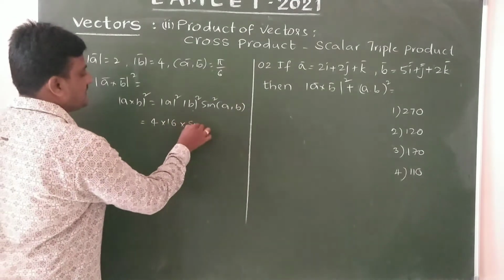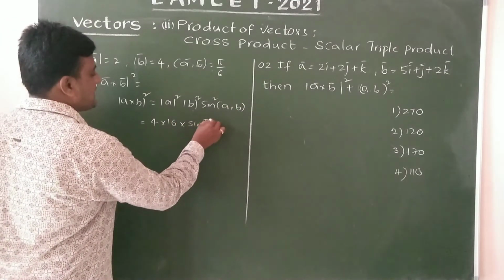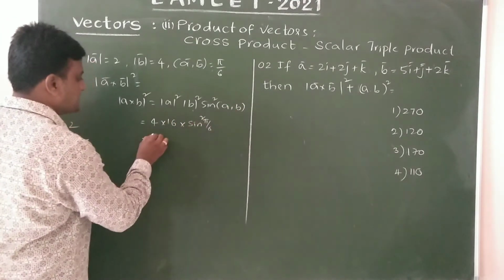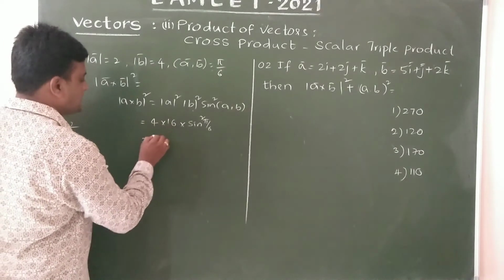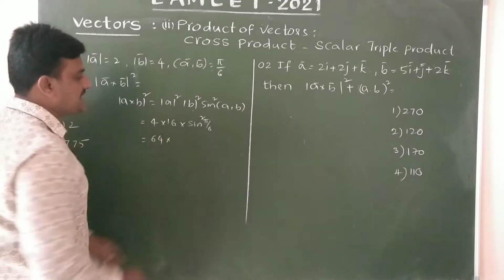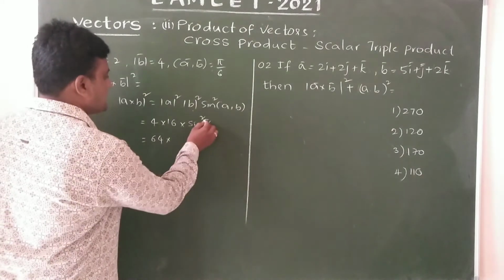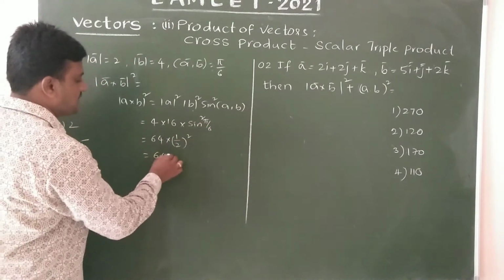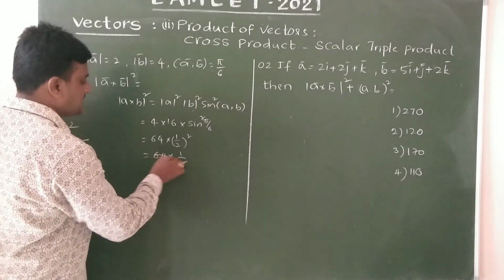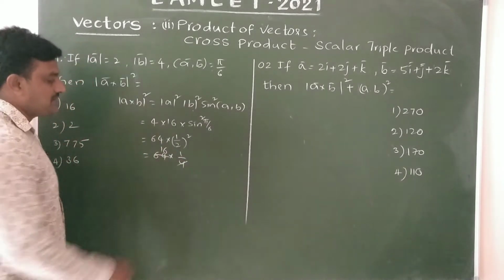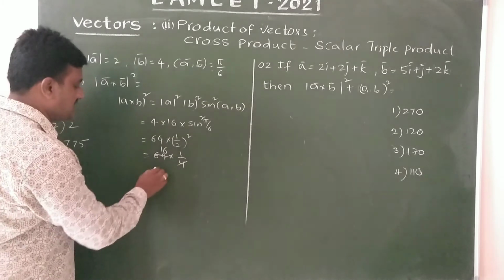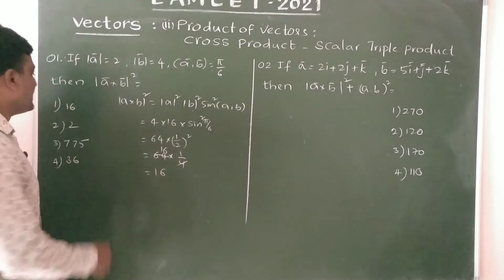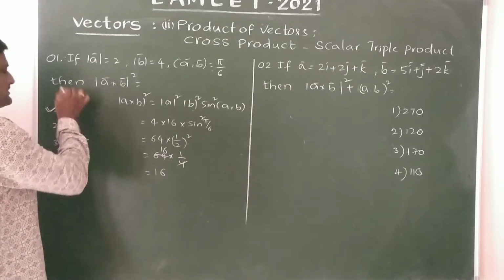Now sin²(π/6): 4 × 16 is 64, into sin² of 30, which is (1/2)². Then 64 into 1/4 is 16. Now our option is the first one.